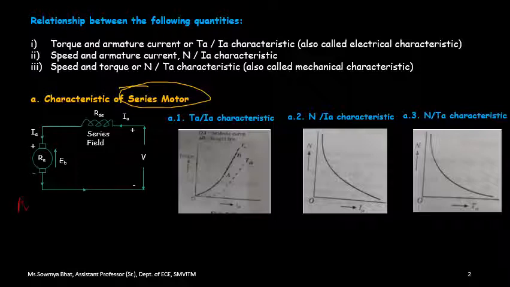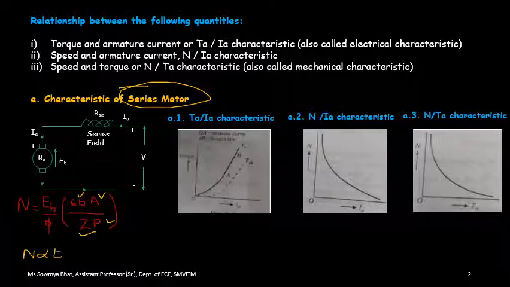Even to determine the speed of a DC motor, we have one relationship which is stated as N is equal to EB divided by phi into 60A divided by number of conductors into number of poles, Z into P. From this I can write, see here 60 is a constant value, A, that is number of parallel paths, number of poles P, and number of conductors Z. All these are constant values, and the variable values are EB and phi over here.